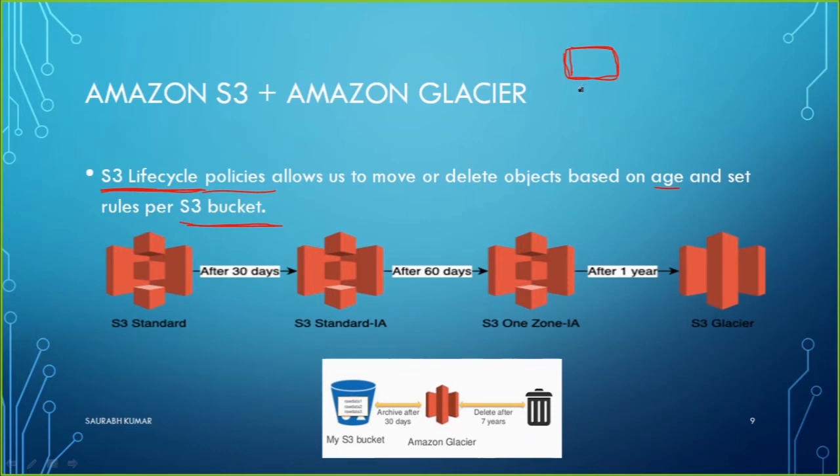Maybe you are running an institute, an organization, an IT company, or a bank. Whatever kind of company you have, whichever policy you follow, on the basis of that you can set a policy on this bucket that after how many days the data you keep here will become infrequently used. Then you will move those files to the next type of storage, that can be Glacier, or that can be IA, infrequent access.